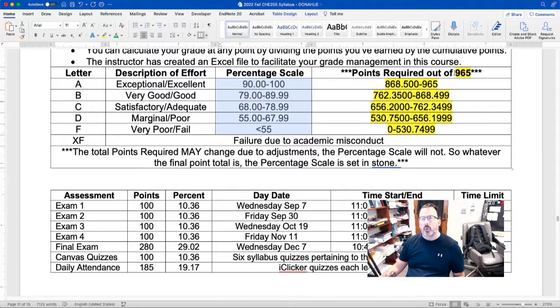The points required as of now are 965. So that's through all the assessments. There's a total of 965 points. If I multiply that by 0.9 here, the lowest number is 868.5. That's the minimum number of points you have to earn to get an A. So on and so forth down the columns.